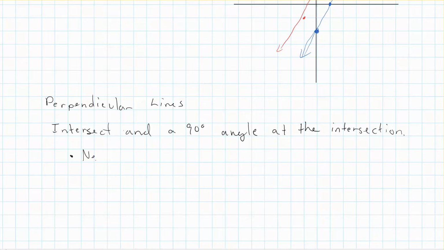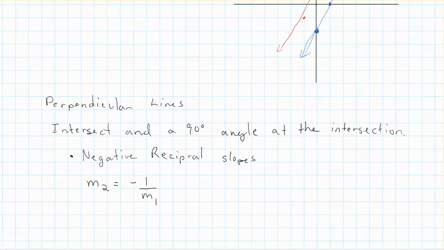The relationship of the slopes is that they're negative reciprocals. And what do we mean by that? Well, if we want to know what the slope of the second line is given the first line, it's just negative 1 over m1.